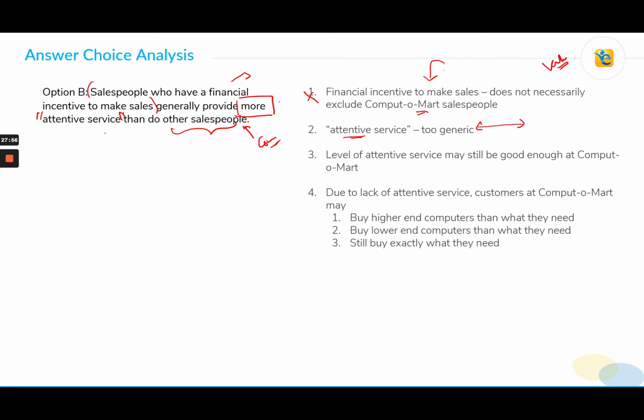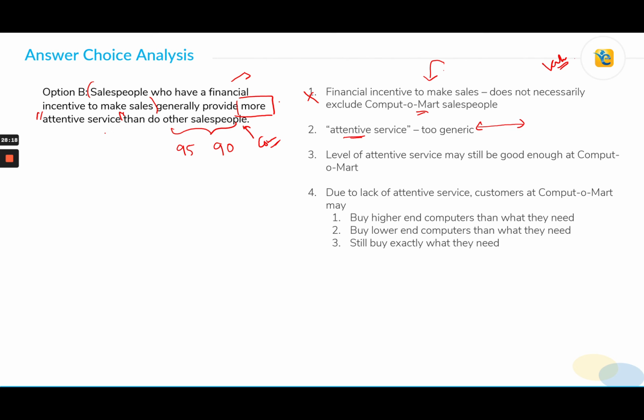On a scale of 1 to 100, the competitor salespeople may have a rating of 95 out of 100 in terms of the attentiveness of the service, whereas the core company, Comput-o-mart salespeople, may still be providing a level of attention that's 90.